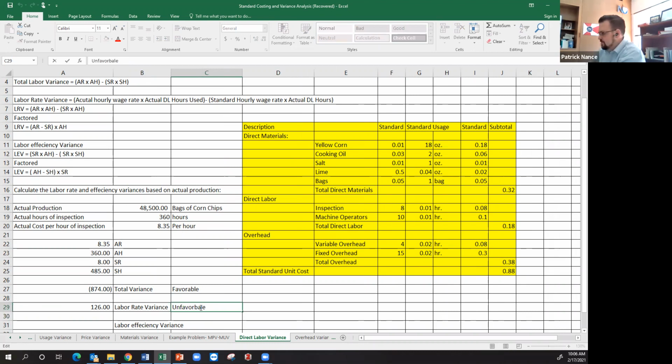Now for my efficiency variance, I'm looking at whether I used more or less hours than I would have anticipated based on the units manufactured, in this case corn chips. For the labor efficiency variance, I'm going to take my actual hours minus my standard hours, and multiply by my standard rate.